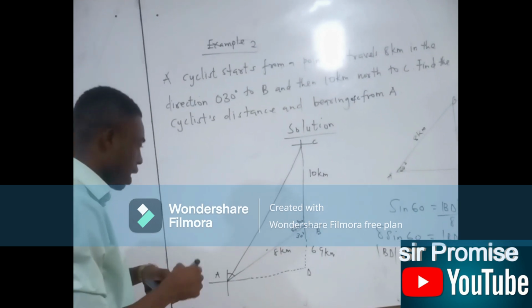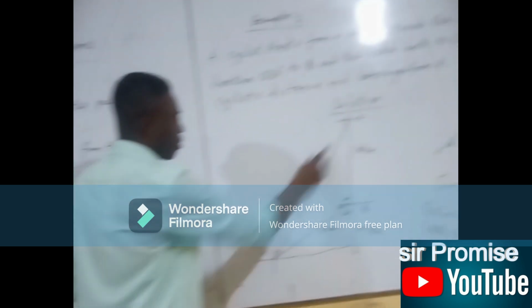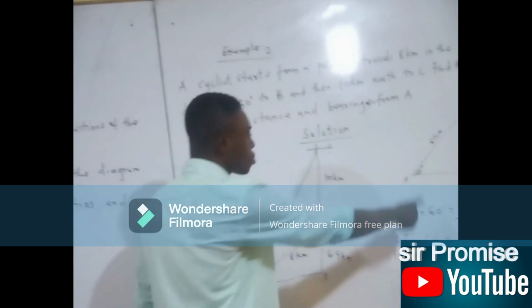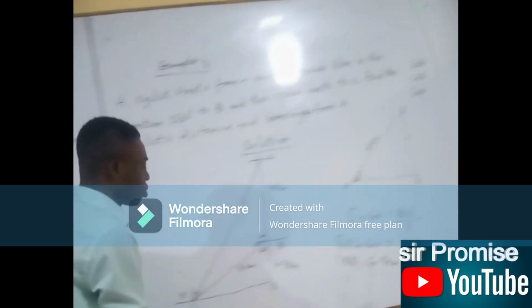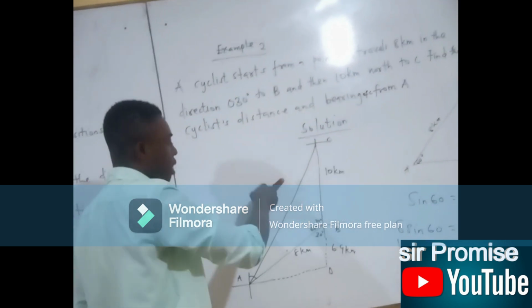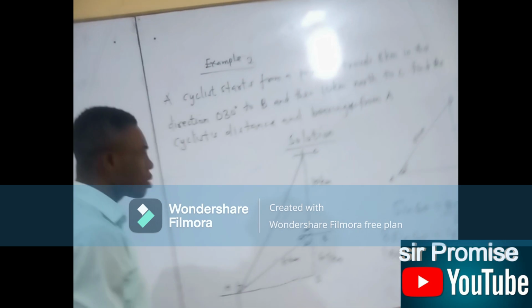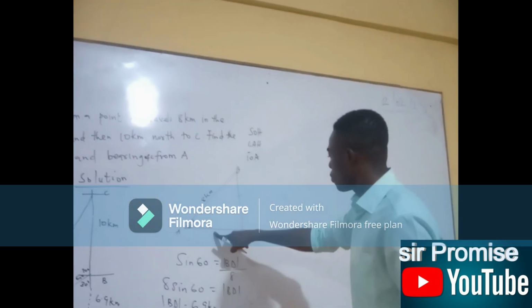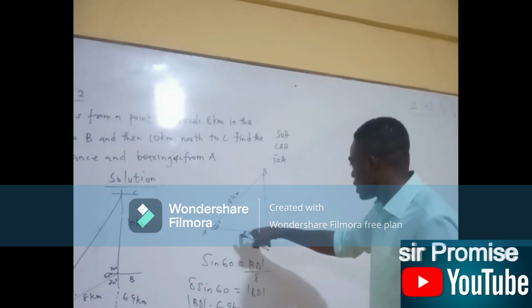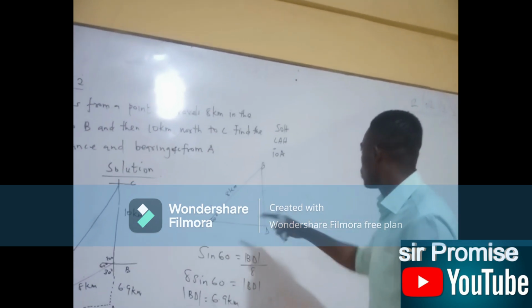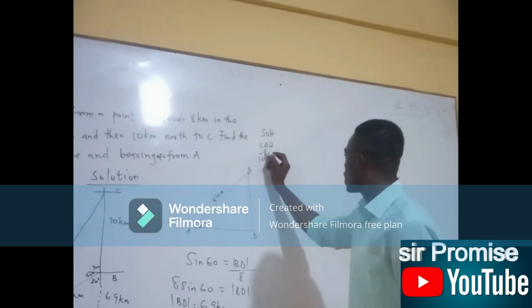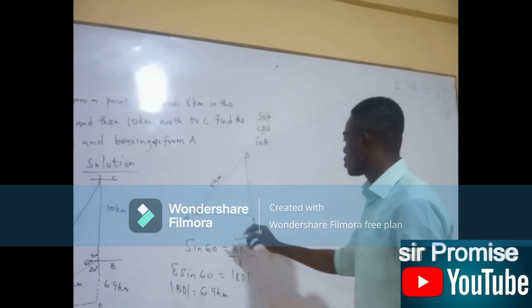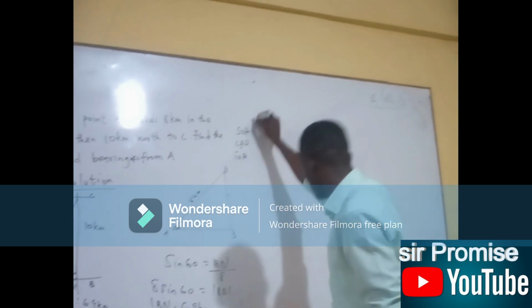If you know that, we are still finding a way to get this. So it is good to find this one also, so that you use the two to work for this one. So let's find this. If you are having the angle here to be 60, this will be the adjacent and the hypotenuse. So which one are you going to use? Cos.